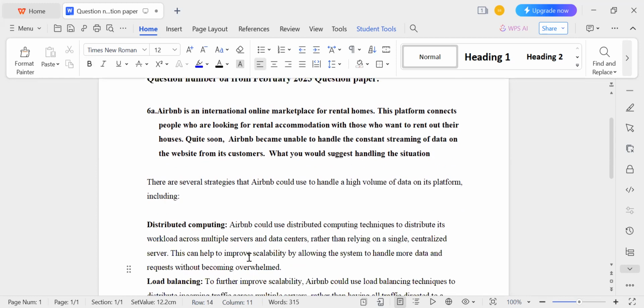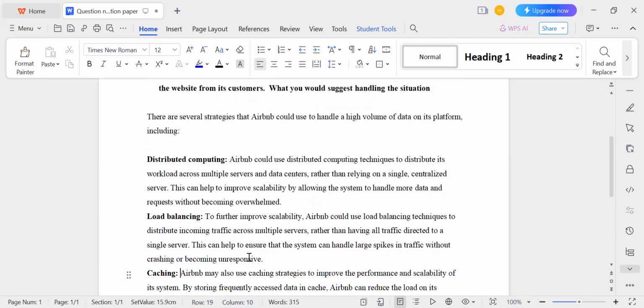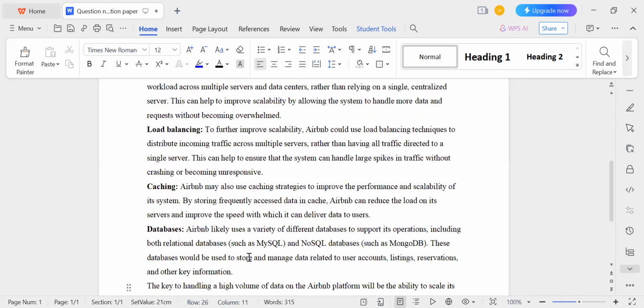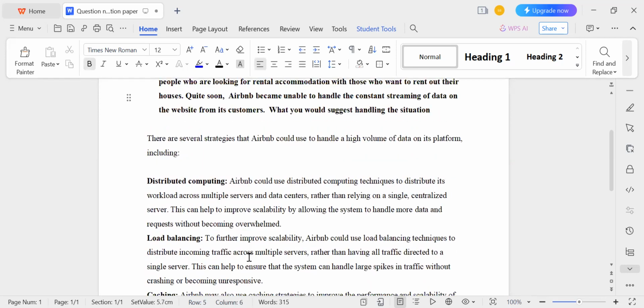The first one is distributed computing. This is one strategy. Load balancing is another type of strategy. Caching, database. So these are the few strategies Airbnb will use to handle the situation given in the question.